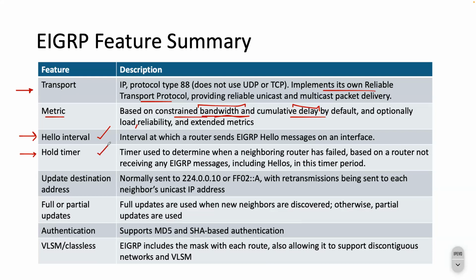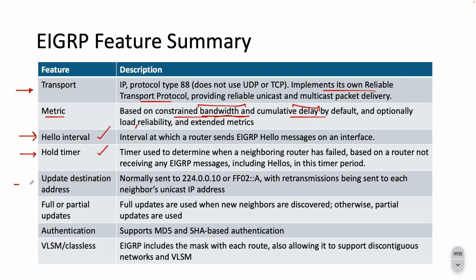If that hold down timer has expired and it is not receiving an acknowledgement or hello from a neighbor, it will declare that neighbor as down or failed, and it will flush all the routes learned from that neighbor from its routing table.